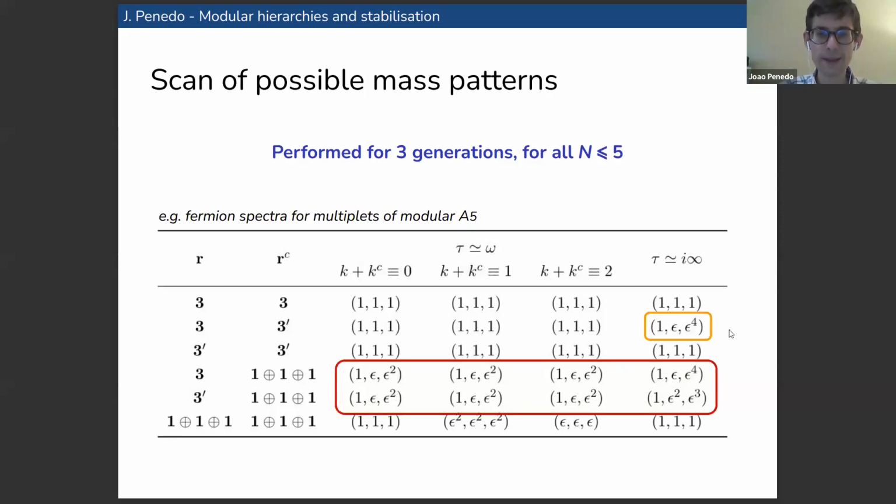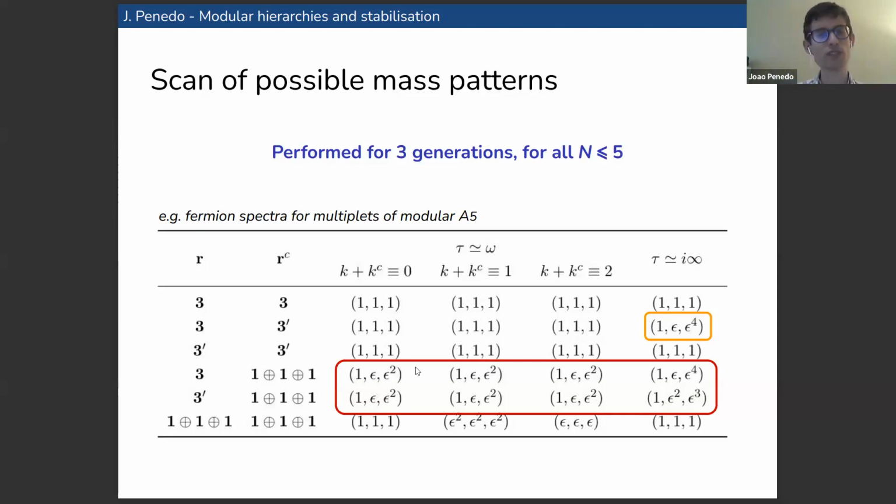There are some cases which we don't care much about because they introduce too many parameters if you go and build a model. Here, for instance, the ones in red are fine in terms of hierarchies, but if you build a model you have too many superpotential parameters because there are 3 copies of a singlet.